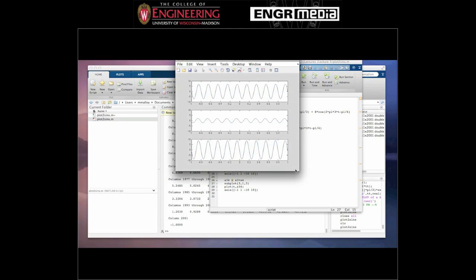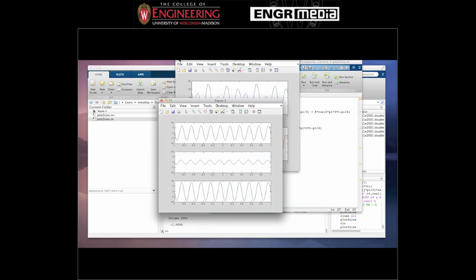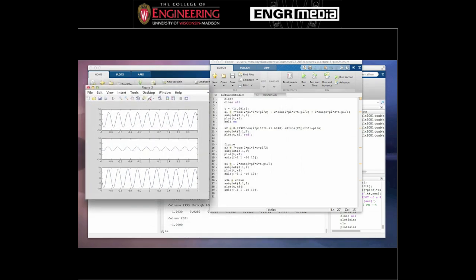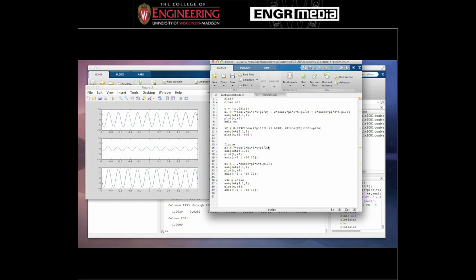Okay, so here's the second figure. You can see this first one corresponds to 7 cosine times 2 pi times 5. It's just a cosine with a frequency of 5 hertz. The second line, the amplitude is 2, and the frequency again is 5 hertz. And then those are added together in this line, and that just gives you yet another cosine at the same frequency. It's pretty easy to check just visually that these all have the same frequency.